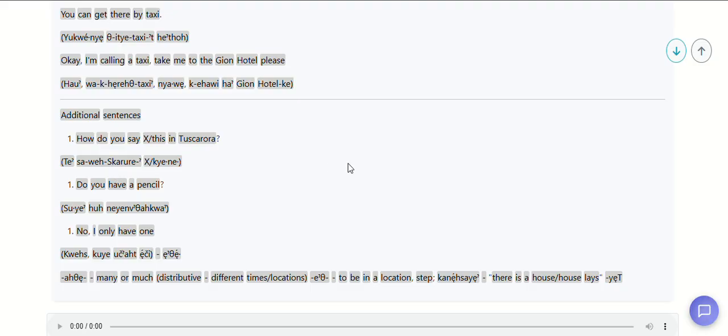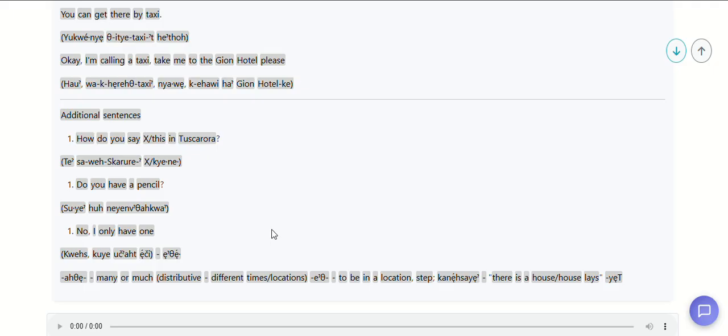I haven't seen speaking Tuscarora as a verb attested yet, but I know in Lenape you have generic verbs for speaking, talking and saying, and then you also have verbs specifically for speaking Lenape, which is slightly different from the words for saying something or talking. So I did that: how te saweskarure, how do you say this in Tuscarora?